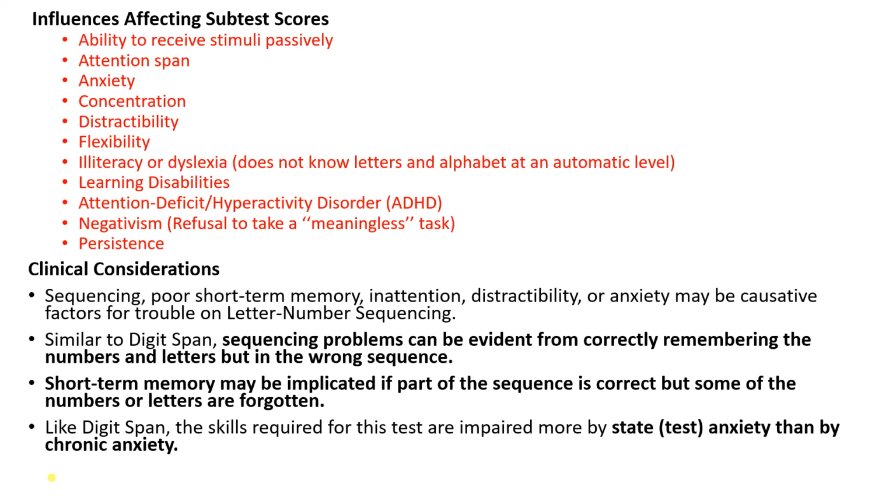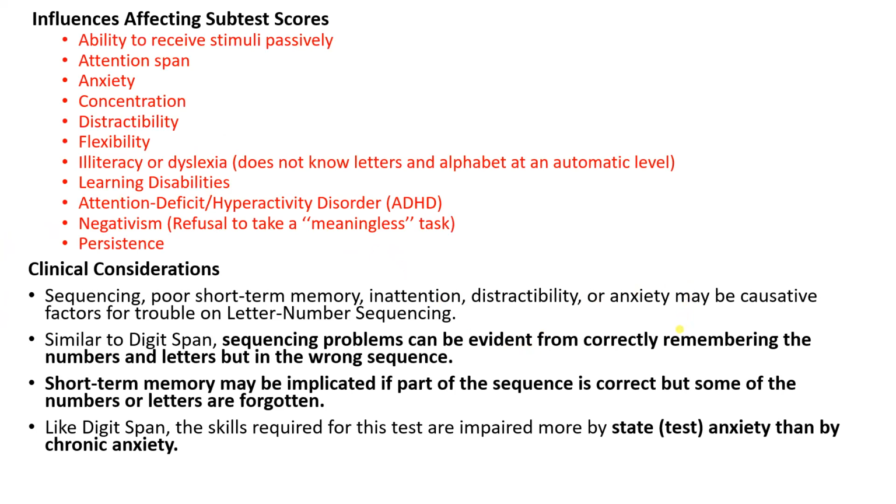Difficulty in sequencing: if one is having difficulty in arranging, then he or she may show a poor score on this. Similarly, poor short-term memory, inattention, distractibility that I have mentioned here, anxiety, they are the major causative factors for difficulty on this task.